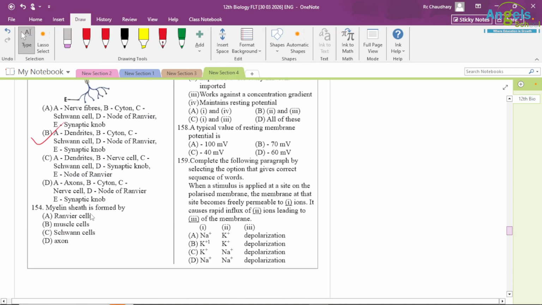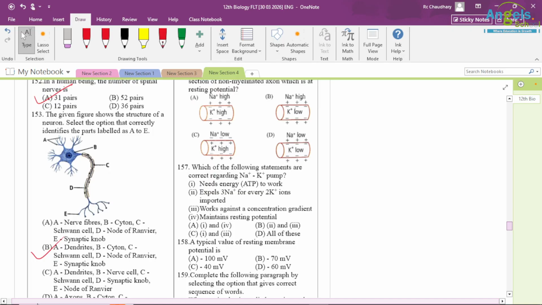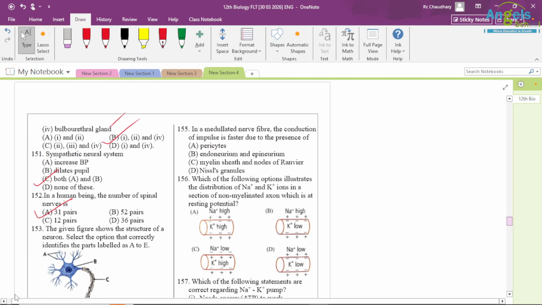Question number 154. Myelin sheath is formed by Schwann cells in the PNS. In myelinated nerve fibers, conduction of impulse is faster due to the presence of myelin sheath and nodes of Ranvier.